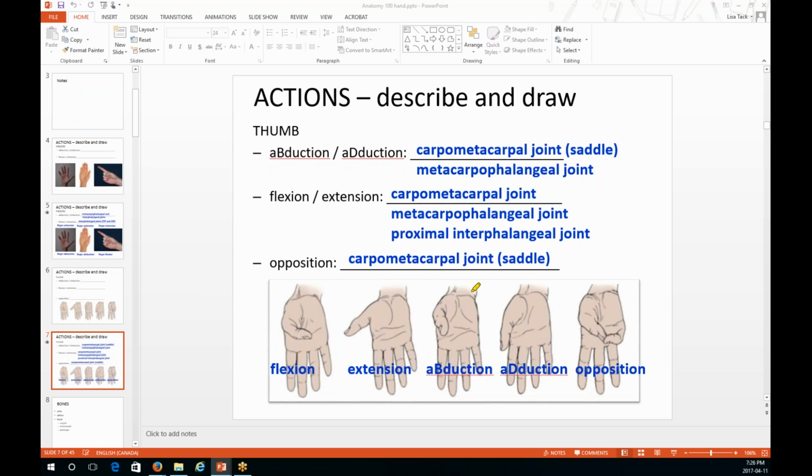So to me, that would be here and here, but it's not. That's abduction and adduction, which is frustrating. Flexion extension is across and out, which to me means abduction and adduction.